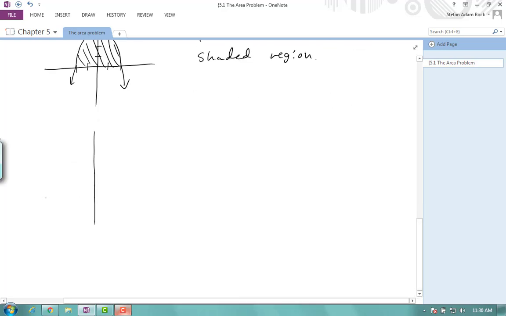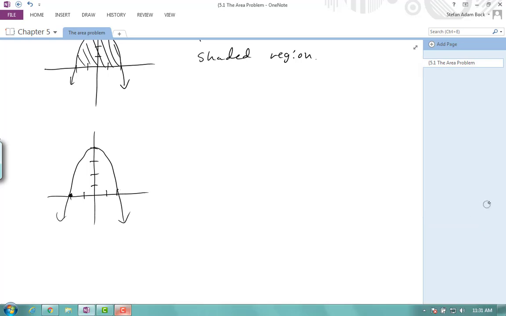So I'm going to redraw it, and we're going to try to estimate it using rectangles. I'm going to draw a bunch of rectangles in here, and I'm going to use the right-hand side of each rectangle. So I'll draw a rectangle here. I'll draw another one here.